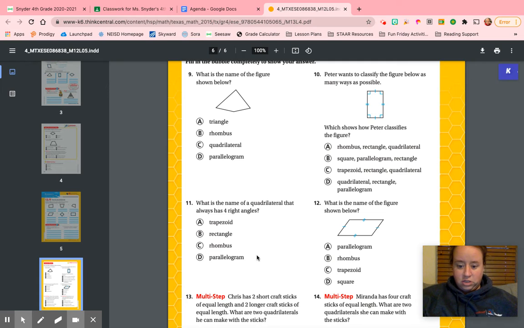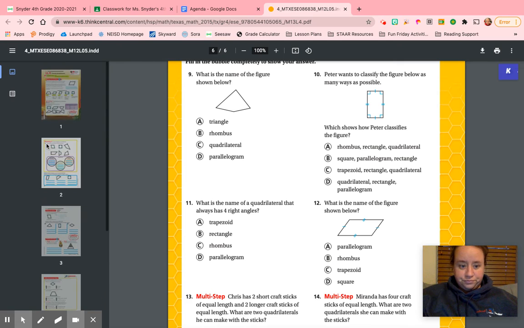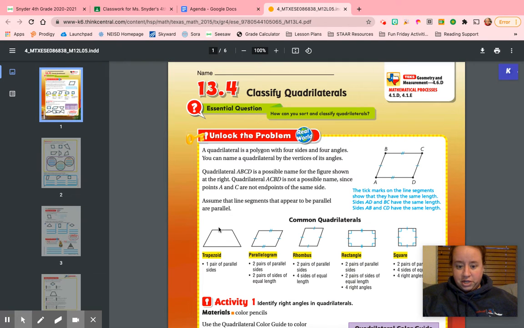So just keep going back. Notice it's those same shapes all the way throughout, and all of those are here on this first page. If you keep referencing back to this and looking at those attributes, those will help you to be able to solve that.